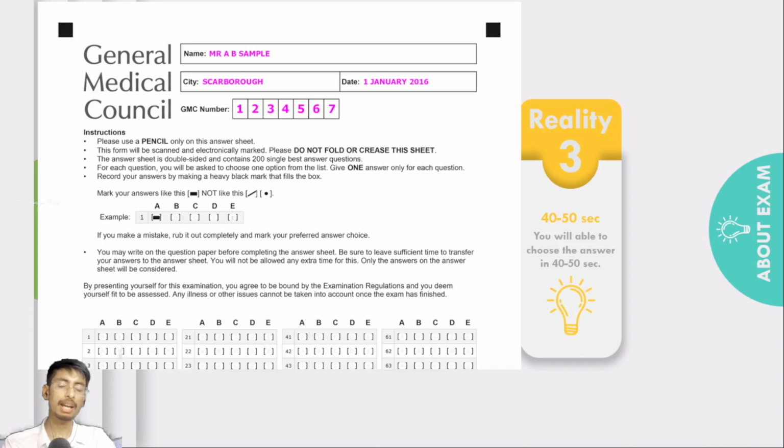Do more mocks in the last month of your preparation, because you have to familiarize yourself with time-bound mocks. You also have to sharpen your concepts, which comes after a lot of study and revision, and you learn to pick up clues and keywords throughout your preparation.